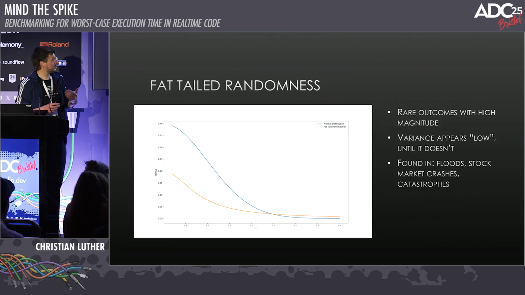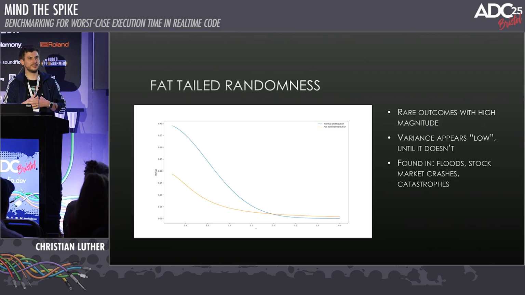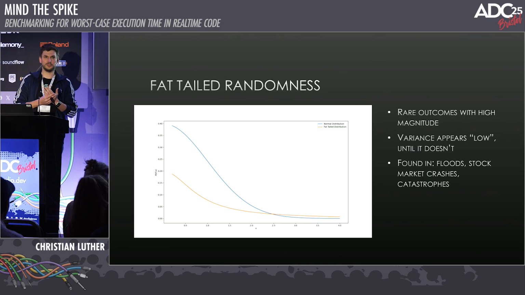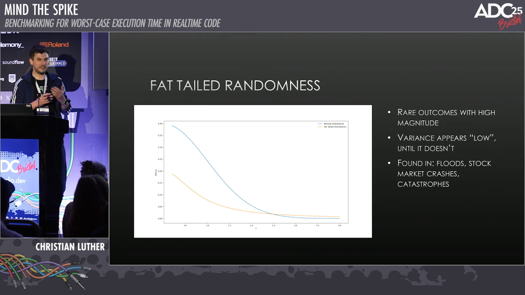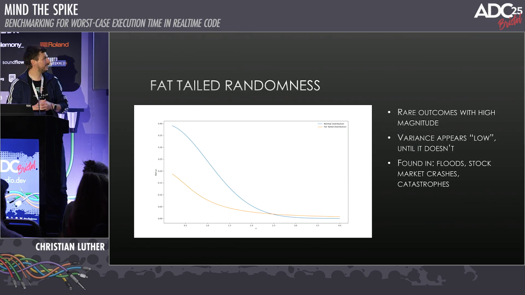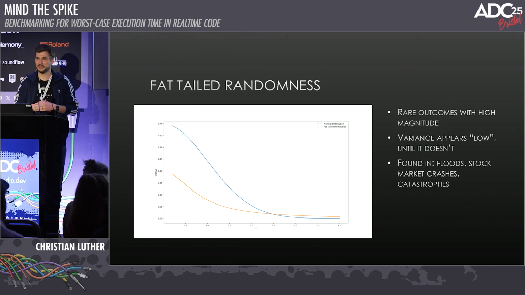And that is because we don't have a normal distribution here. We have what is called a fat-tailed distribution, which means that the rare outcomes can have an outsized magnitude. So the variance may appear low, but at some point it suddenly isn't. You can find this kind of behavior in things like flooding or stock market crashes or other kinds of catastrophes.